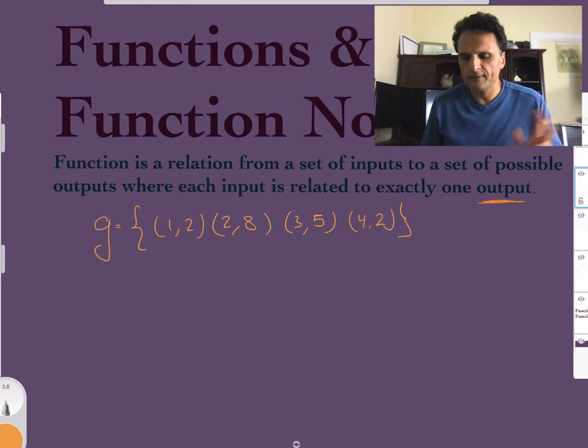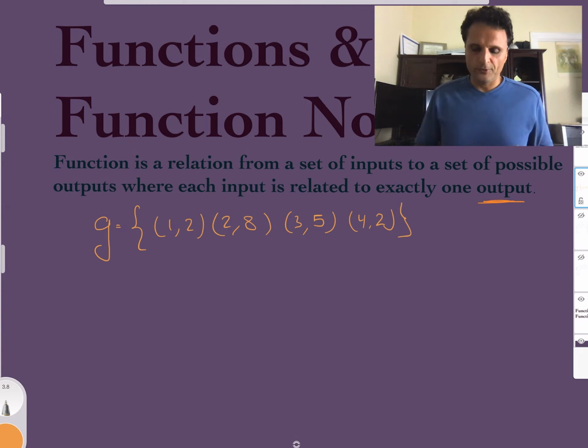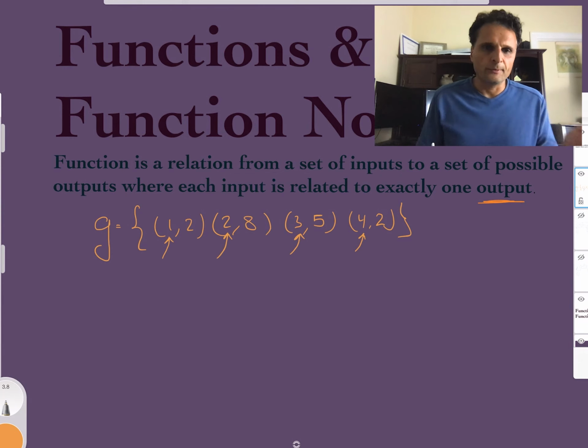So in order to know if this is a function or not, we only look at the input. Input doesn't repeat, so this is a function. We can talk about domain and range.